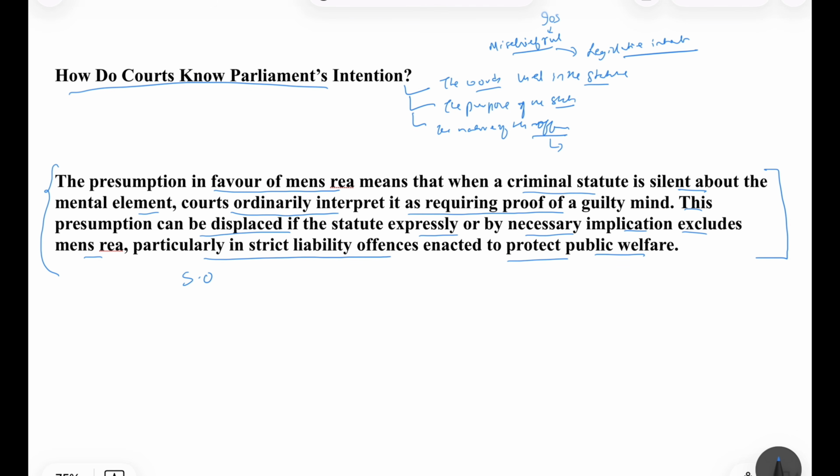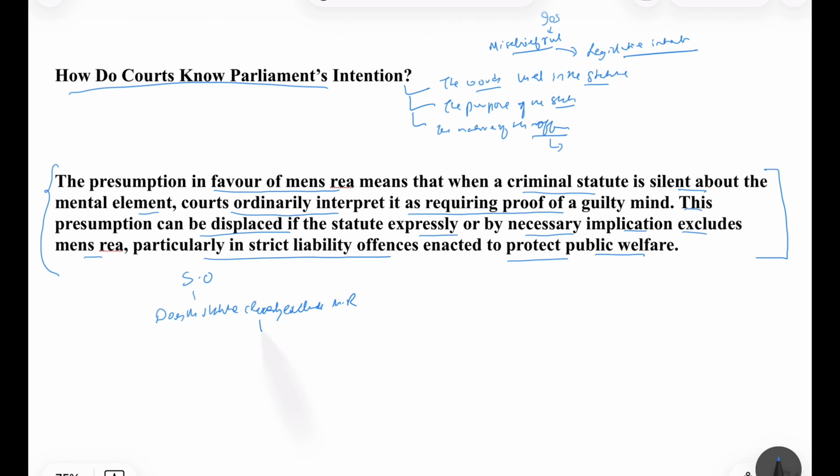This is the statutory offense. Let us assume. Does the statute clearly exclude mens rea or not? We have to see whether the words dishonestly or intentionally or knowingly are expressly mentioned in the statute or not.